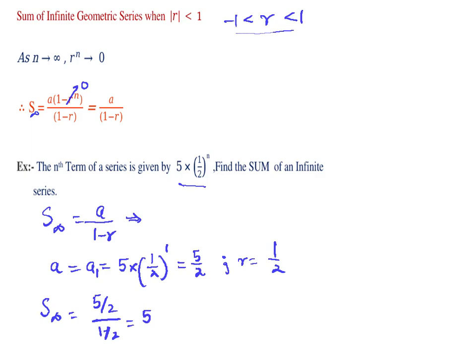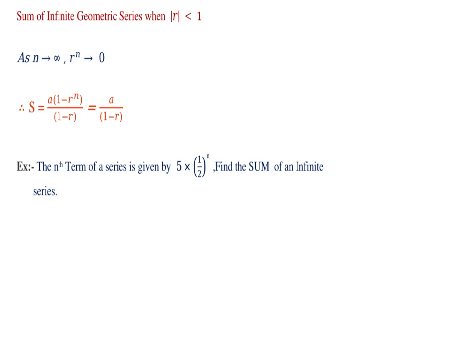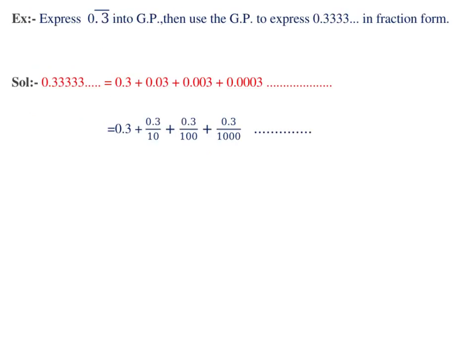Now let's see another question. Express 0.3 recurring as a GP, then use the GP to express 0.33 in fraction form.